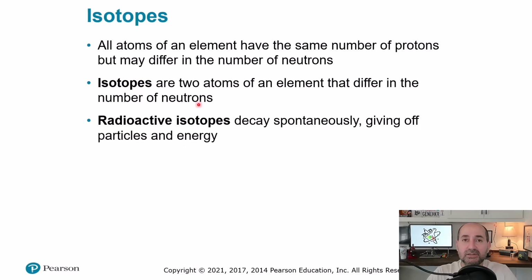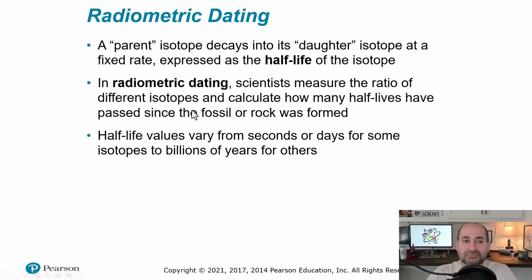And sometimes this causes problems. This can lead to radioactive isotopes. Some of these isotopes are radioactive. They decay spontaneously, and as they decay, they give off particles and energy.